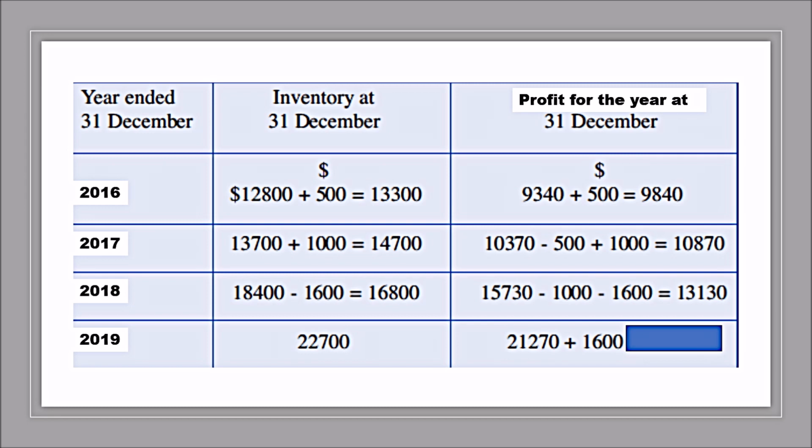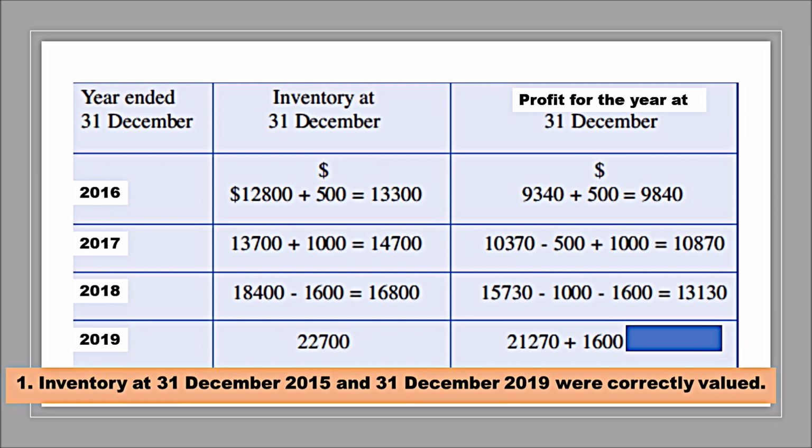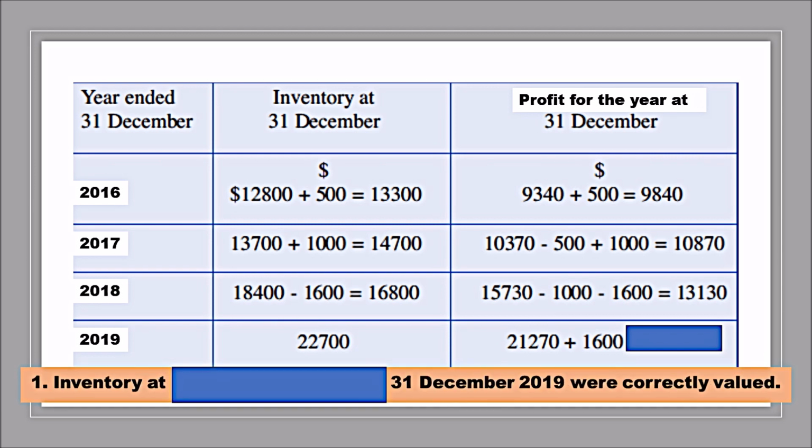Let us take the first item again, where we did mention that inventory at 31st December 2015 and 31st December 2019 were correctly valued. And we've come to the end of the question. Therefore, we concentrate on December 2019.